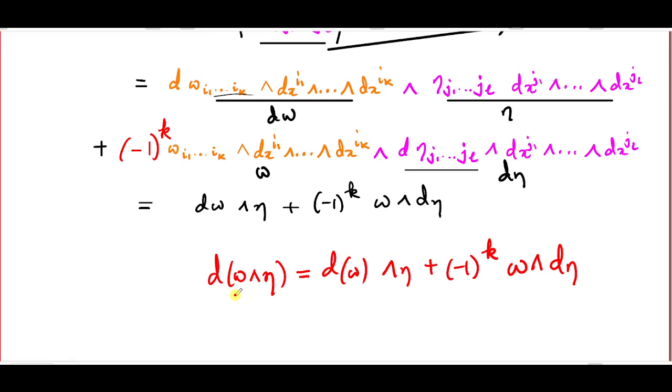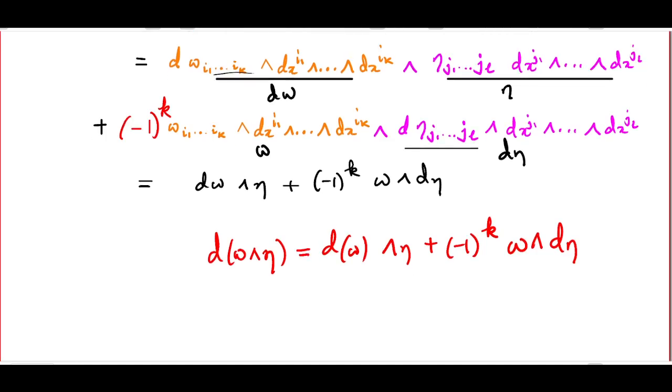So for a function and a k form, you will always get d of f wedge eta equals df wedge eta plus f wedge d eta. But you have to be careful about this. If the rank of the first factor in a wedge product is odd, then the exterior derivative does split into two terms, but it has a minus sign between the two terms, not plus. This fact that you get a plus or a minus sign depending on the rank of the form that is being used is why you call this a graded Leibniz property.